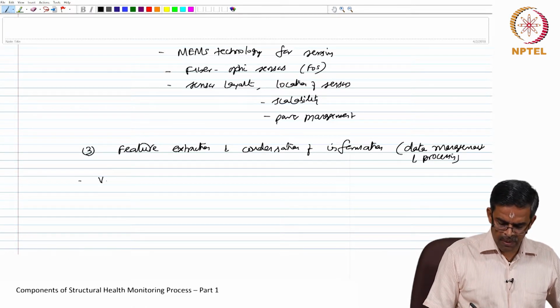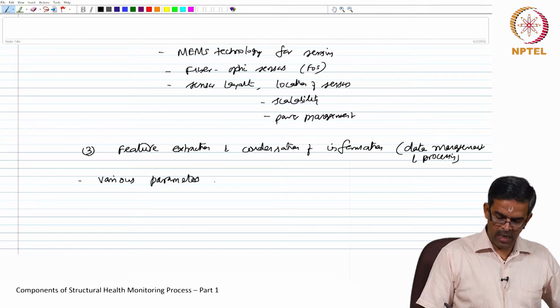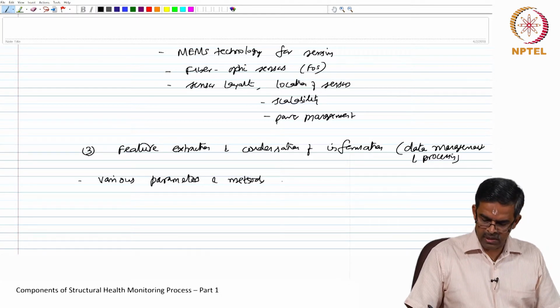There are various parameters and methods which are used to extract information.